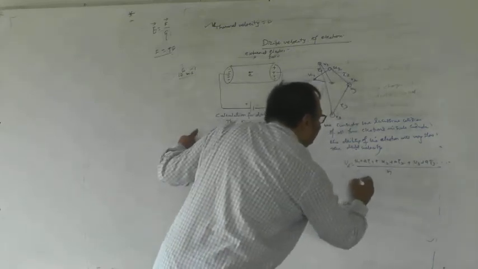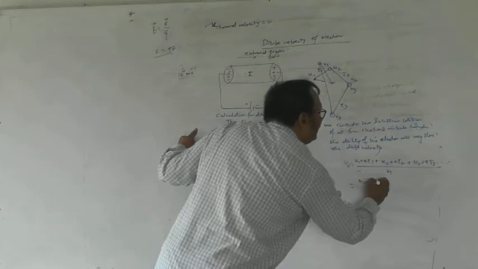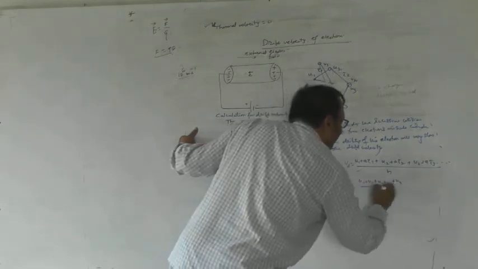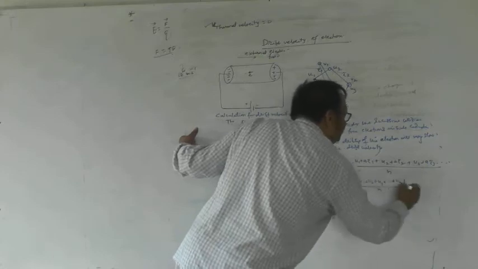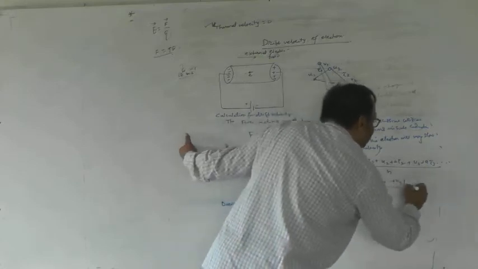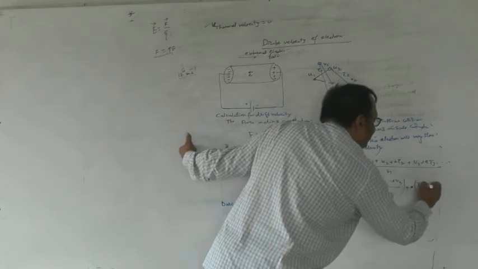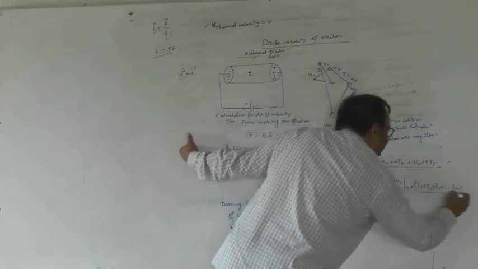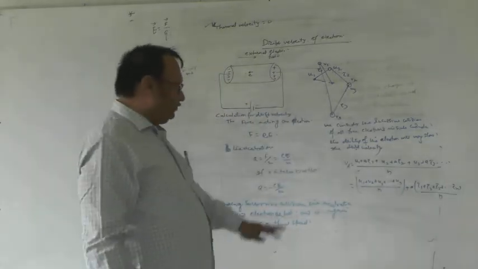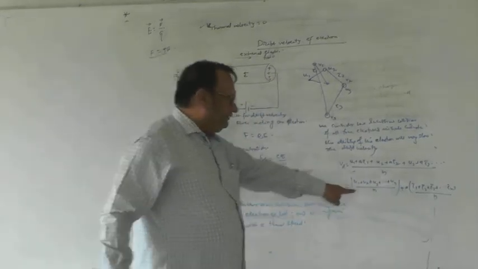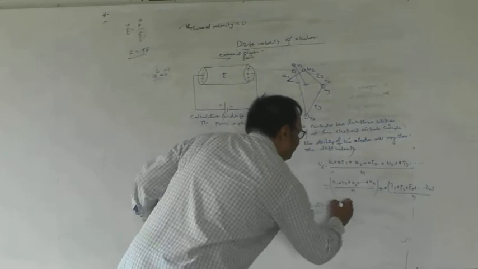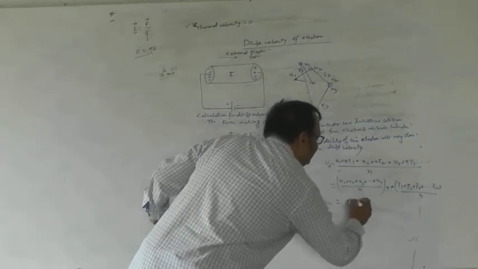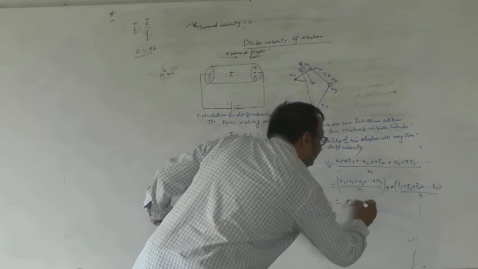So we can write u1 plus u2 plus u3 up to un by n, plus a times tau 1 plus tau 2 plus tau 3 up to tau n by n, I have told you. So what will this be? This is the average thermal velocity. This will equal 0. Average thermal velocity is 0.